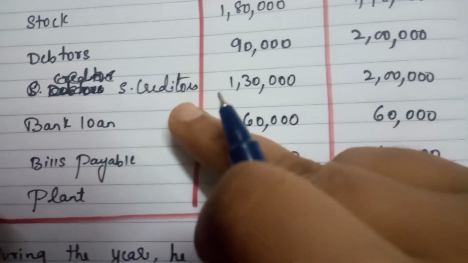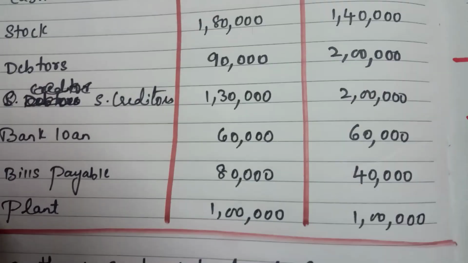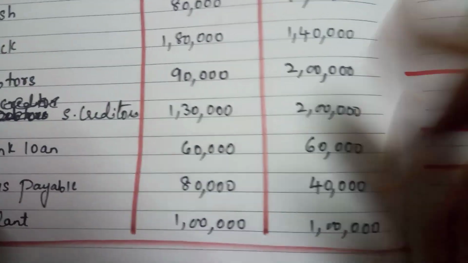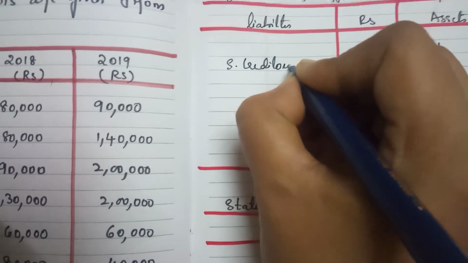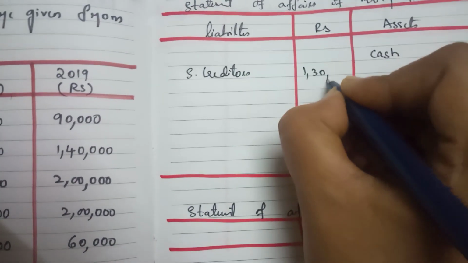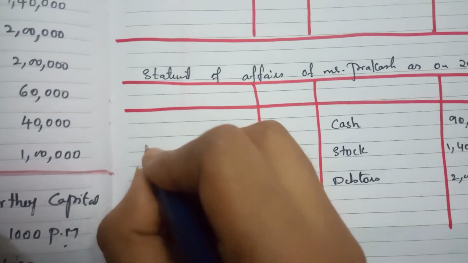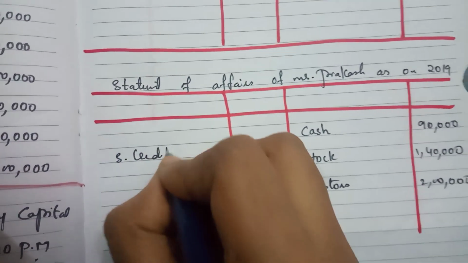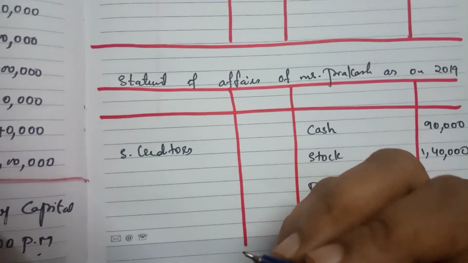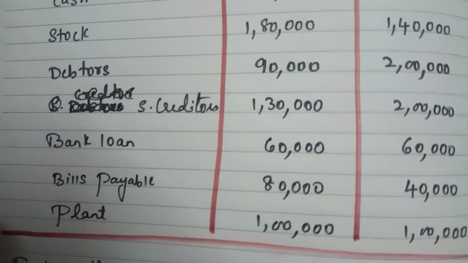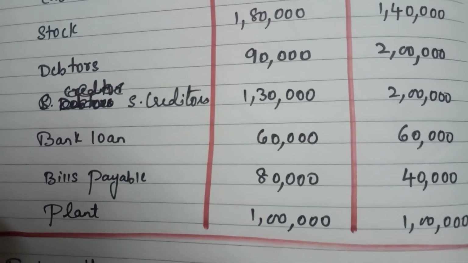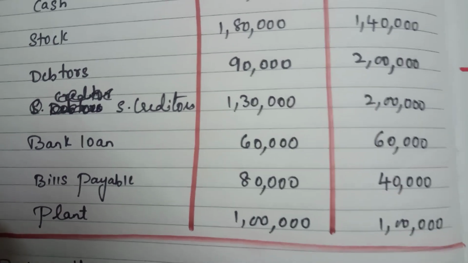Next we have sundry creditors. Sundry creditors is a complete liability. So 1,30,000, 2 lakhs. Sundry creditors 1,30,000. Here sundry creditors, how much? 2 lakhs. Okay. And next one we have is bank loan. Bank loan itself is a liability. 60, 60.